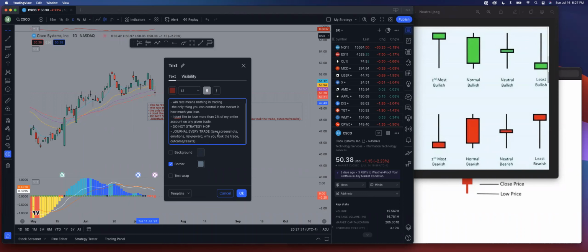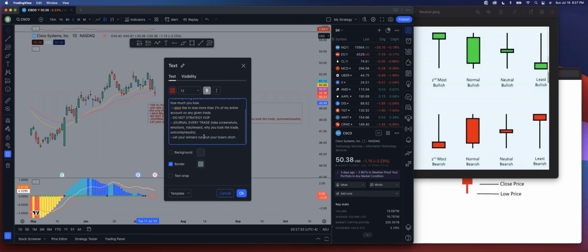And that's kind of the concept of, and we'll put it here: let your winners run, cut your losers short. This is a cliche, and people tend not to explain it, so I'm going to explain it. Okay, so think about it.